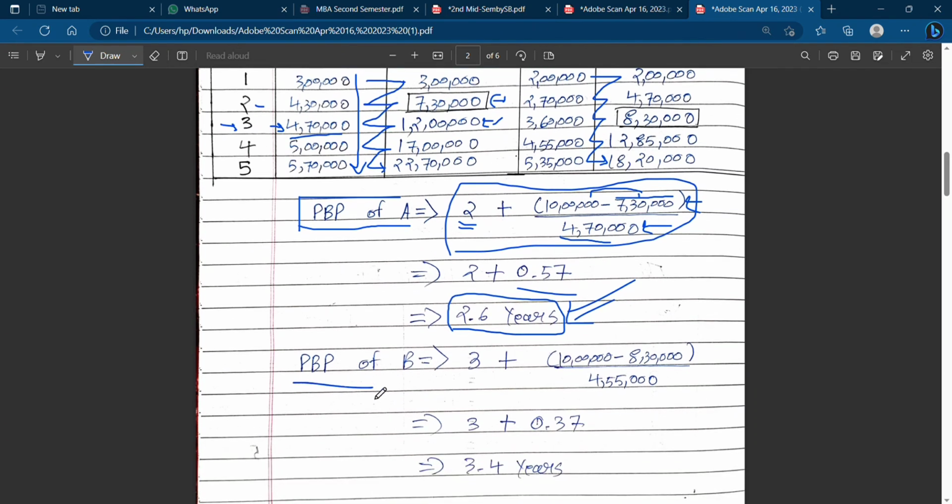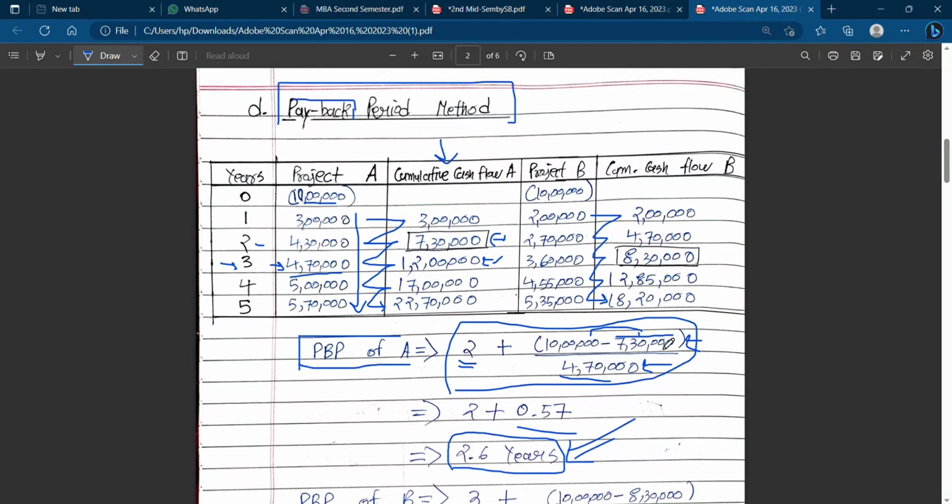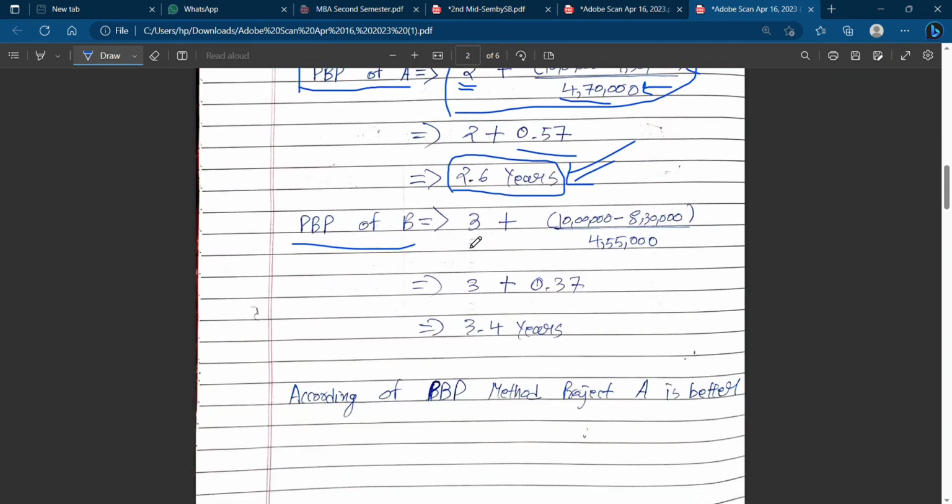We will follow the same steps for calculating the payback period for project B. In the cumulative cash flow, we are covering almost all of the amount in the third year. In the fourth year it goes greater than that, so we'll take these three years. The remaining amount after the 8 lakh 30,000 we have received in the third year will be 2 lakh 70,000.